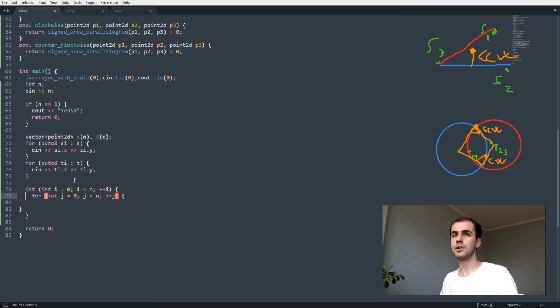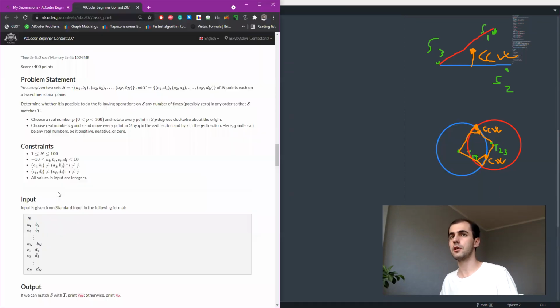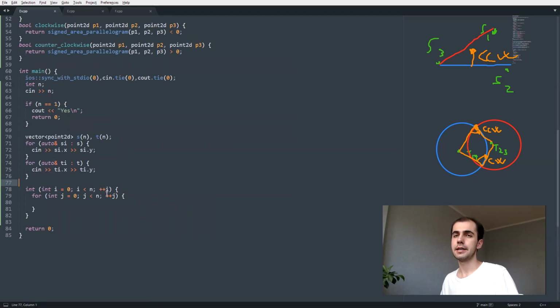I want to loop over all possible points in T into which points of S go to, though there are not that many of them.